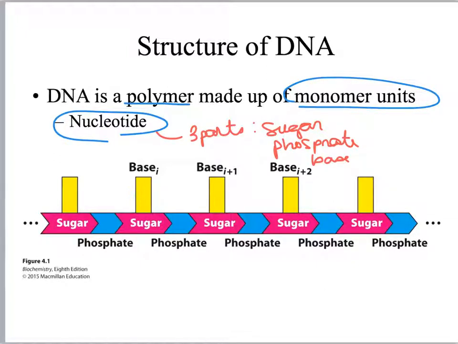And it's one of 4 different bases that are going to be incorporated here, which we'll see in a second. So we'll see through our study that the sequence of bases will ultimately dictate the amino acid sequence of a protein. So in other words, the sequence of bases represents the information content of our nucleic acid. So that structure is going to be very important.